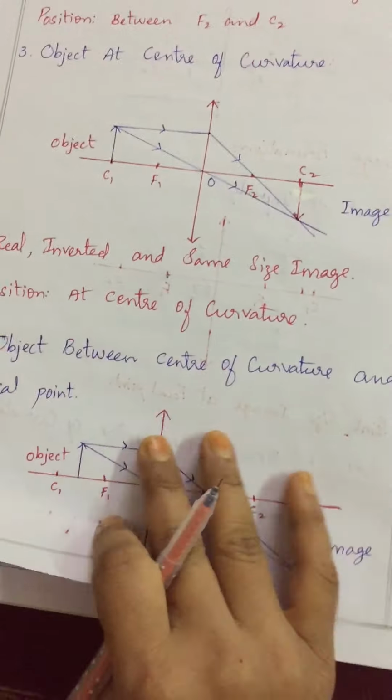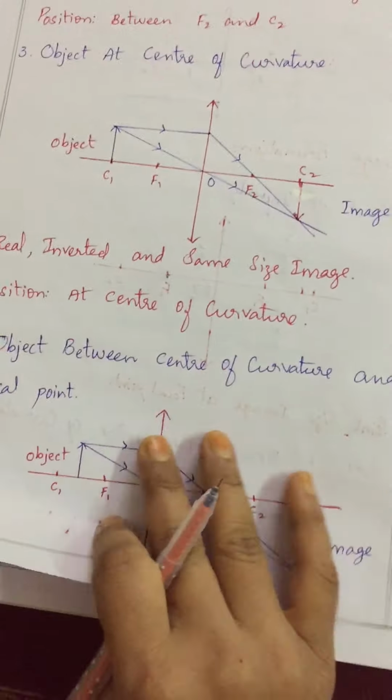Now the third is the object at the center of curvature. Exactly when we keep the object at the center of curvature, we will see where we get the image. Here also, out of three rules, we are using two rules. The first ray is parallel to the principal axis and passes through the focal point, and the second ray passes through the optic center, and both refracted rays intersect at one point. There we get the image.